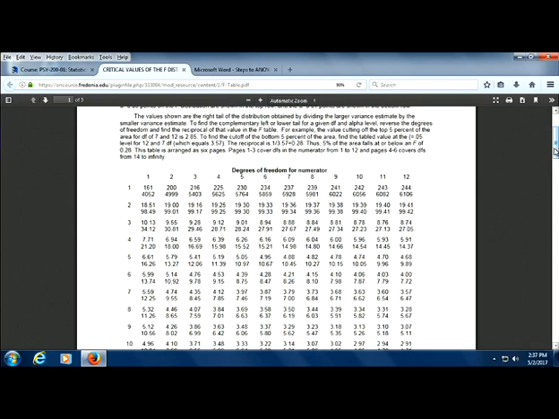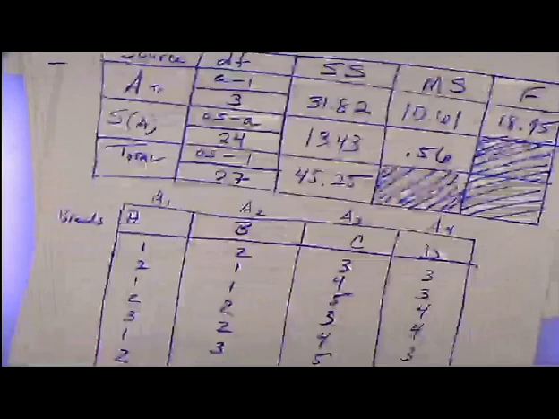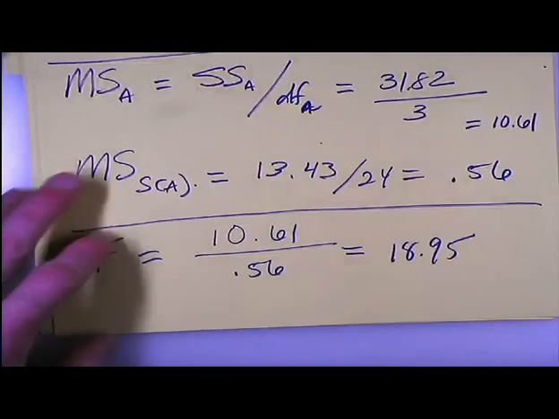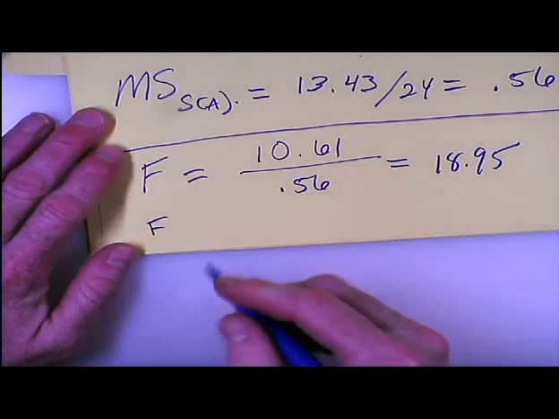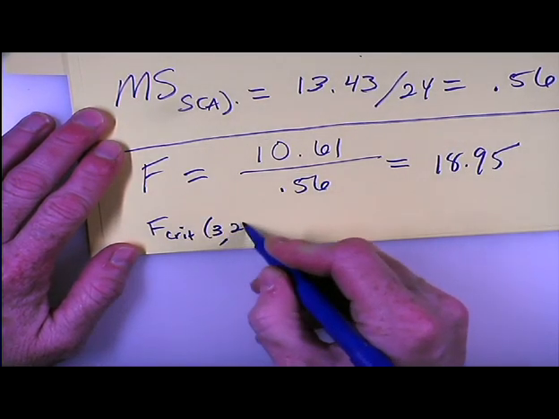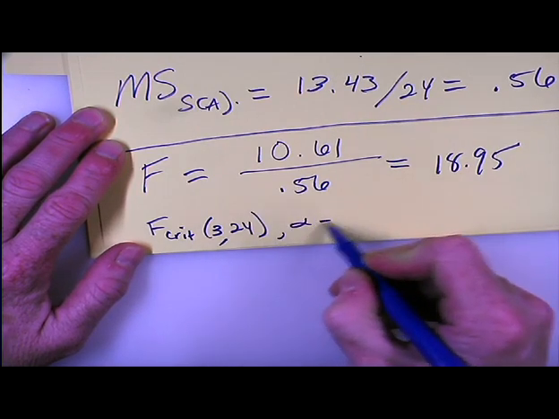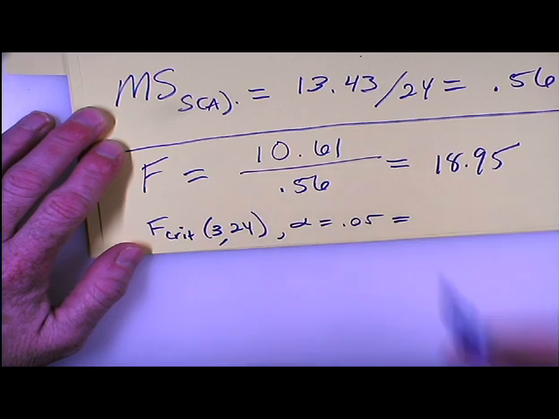So on our numerator, right, what's the numerator in a fraction? Top. So the numerator is going to be 3 degrees of freedom, and the denominator is 24 degrees of freedom. Okay. So here we would say our F crit with 3 and 24 degrees of freedom, alpha is 0.05, equals.